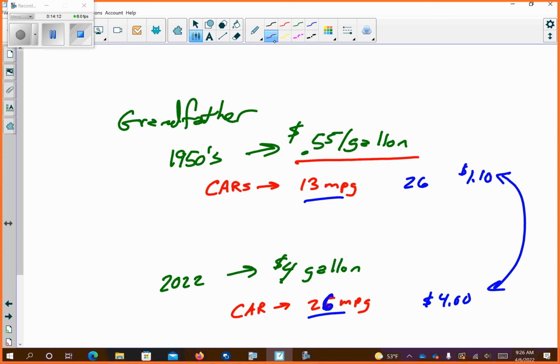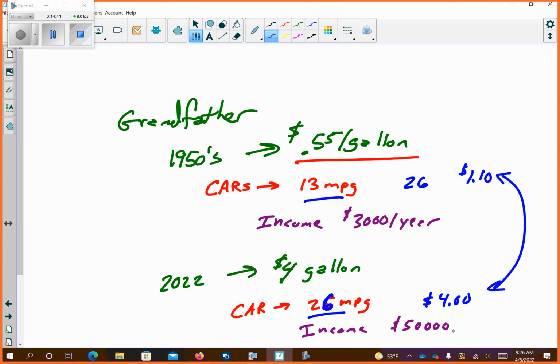Well, the reality is the household income. The average income back in the 1950s was about $3,000 per year, whereas the average American income today is $50,000 per year.